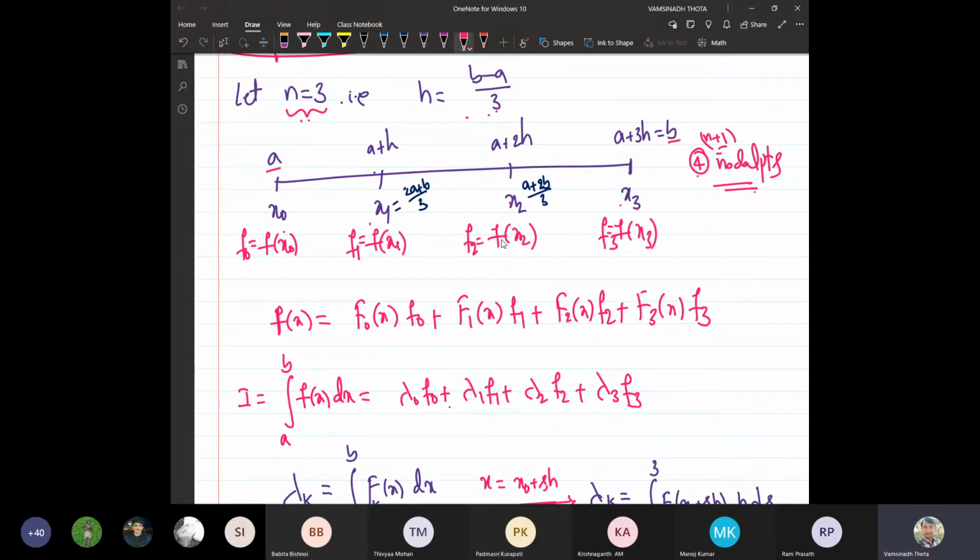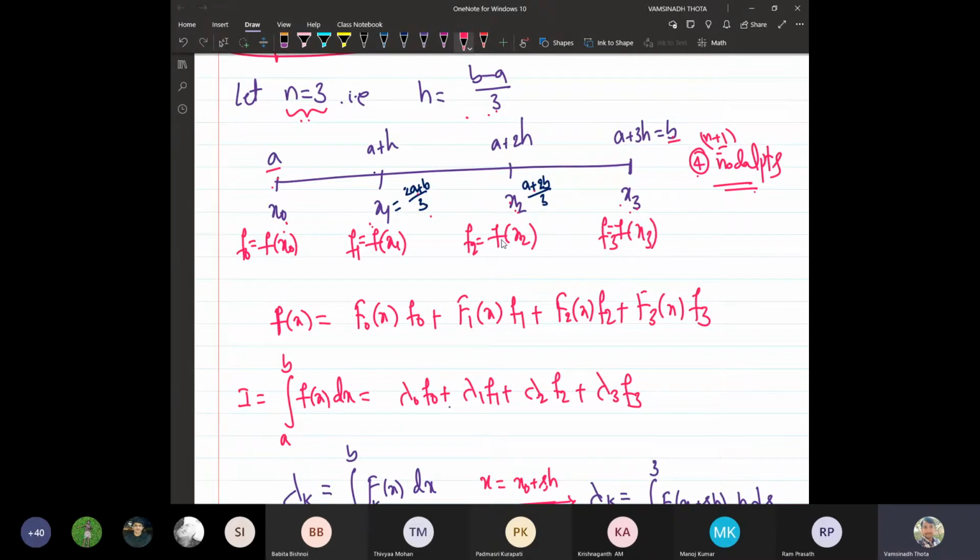So what will be the points? The initial point x0 is a itself, and the final point x3 is b itself. In between, a plus h, that is a plus (b minus a) upon 3, gives you (2a plus b) upon 3. And a plus 2h will give us the nodal point x2, that is (a plus 2b) upon 3.